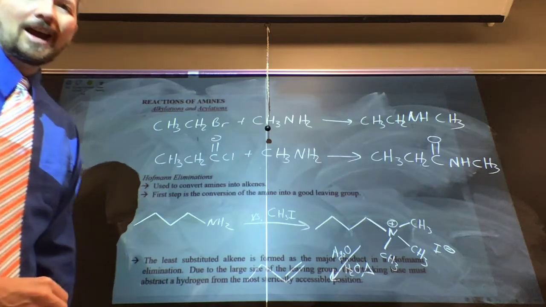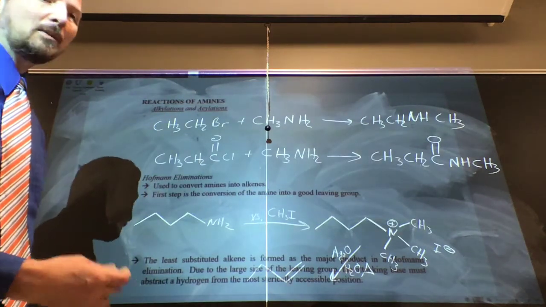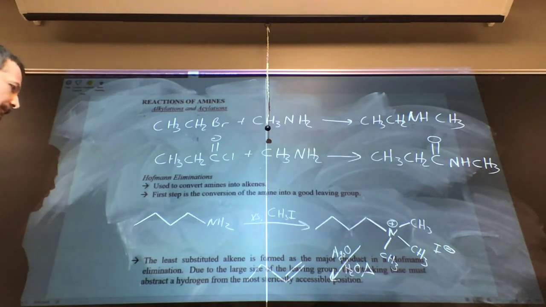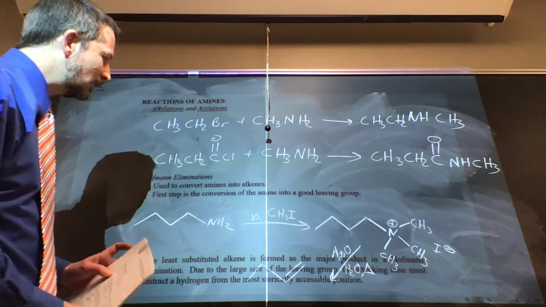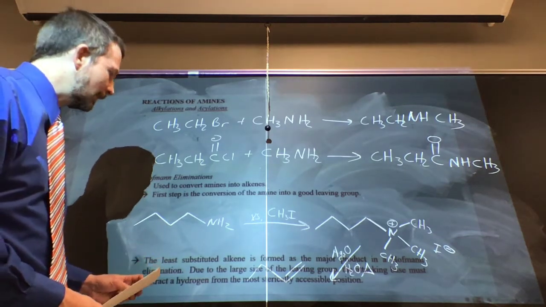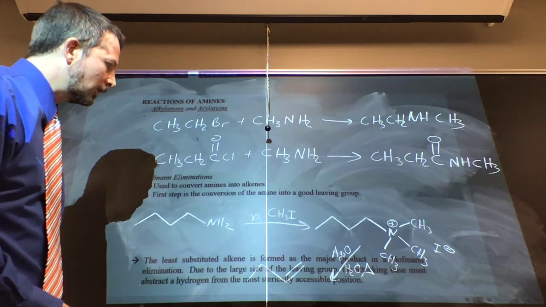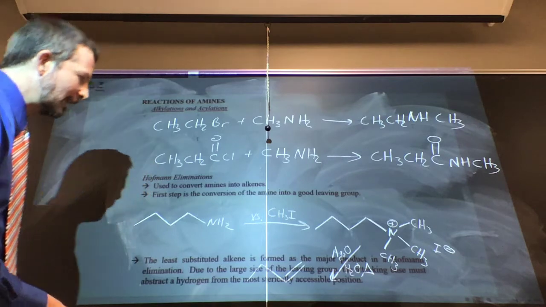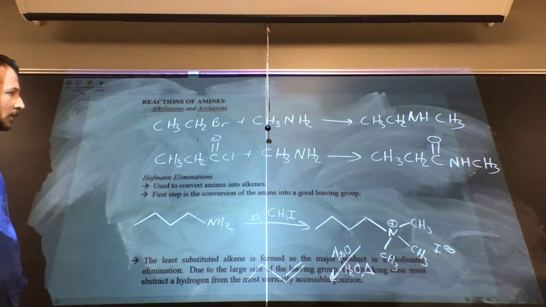So you end up with your alkenes. That's why it's known as the Hofmann elimination, because you're forming your double bond. The least substituted alkene is formed as the major product in the Hofmann elimination due to the large size of the leaving group. The attacking base must abstract a hydrogen from the most sterically accessible position.